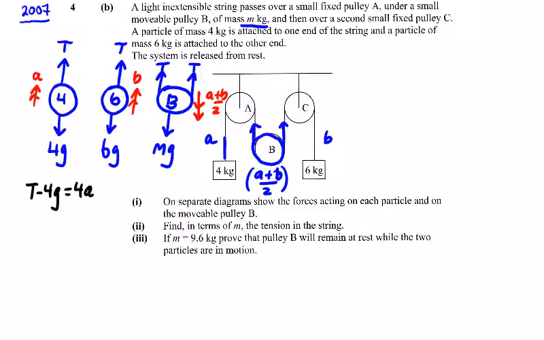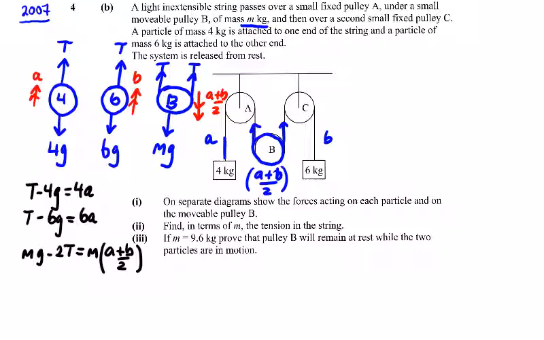For 6, we're going to have T minus 6G is equal to 6B. And for B, we're going to have mg going down minus 2T is equal to M times A, which is A plus B over 2.